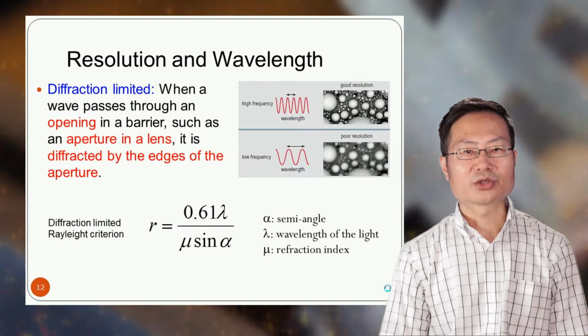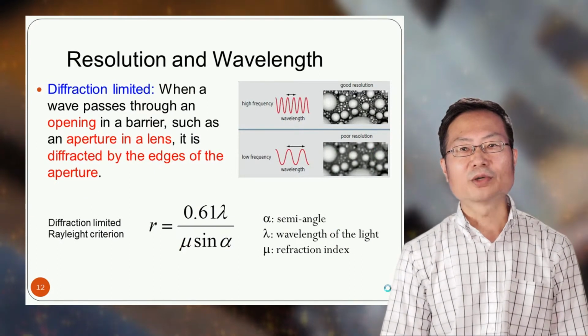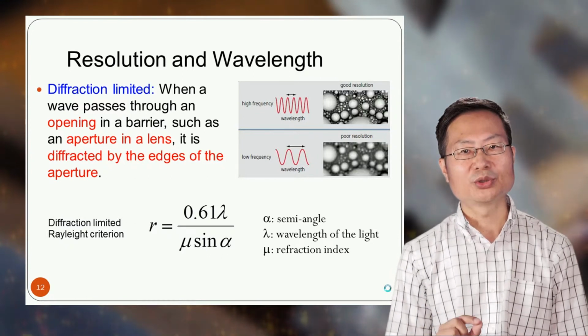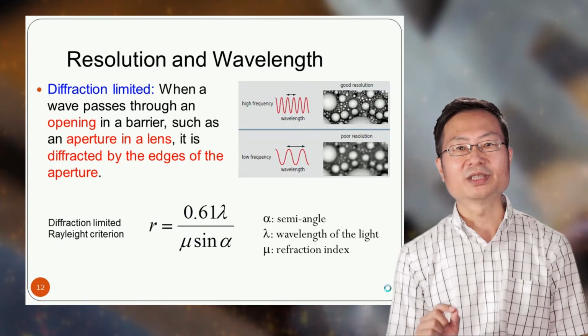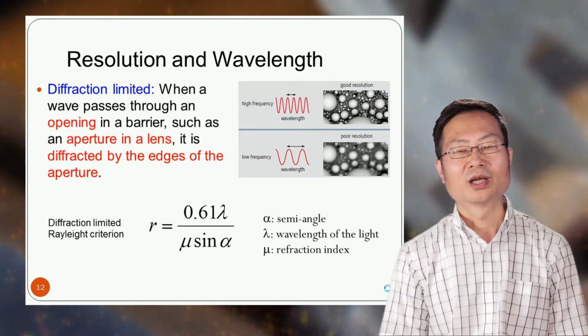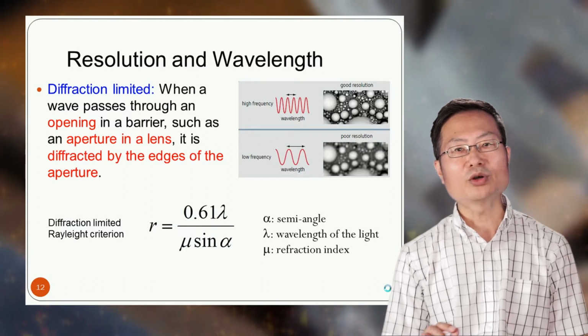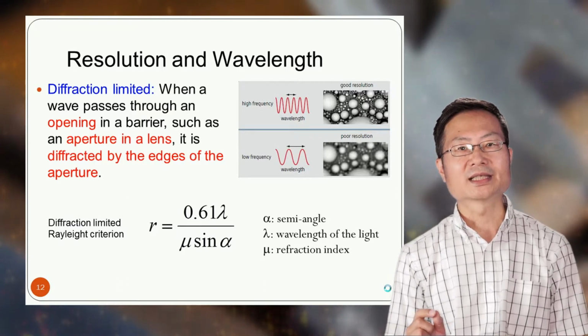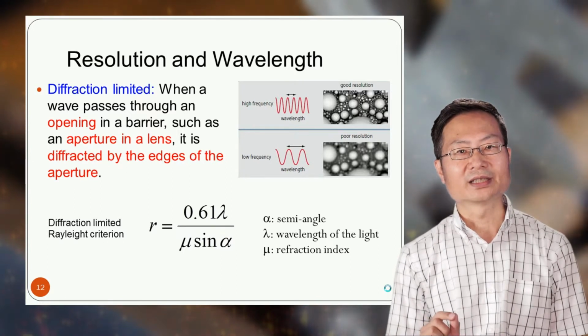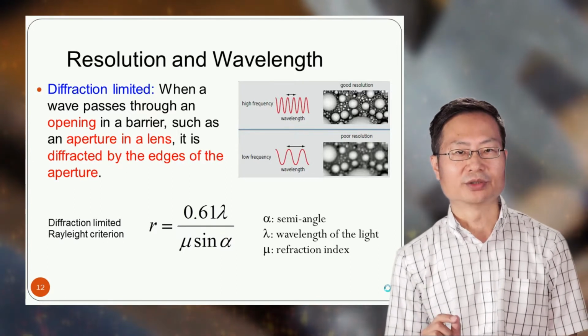Why do we use electrons instead of visible light to see the object? The relationship between resolution and wavelength can be described as the diffraction limit, or Rayleigh criterion. When a wave passes through an opening in a barrier, such as an aperture in a lens, it is diffracted at the edge of the aperture.